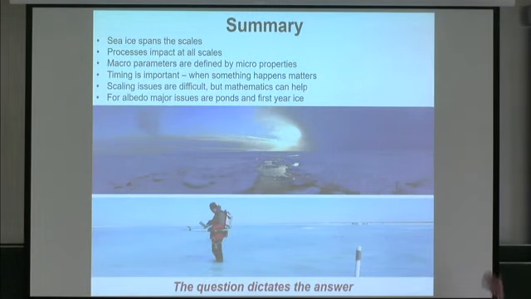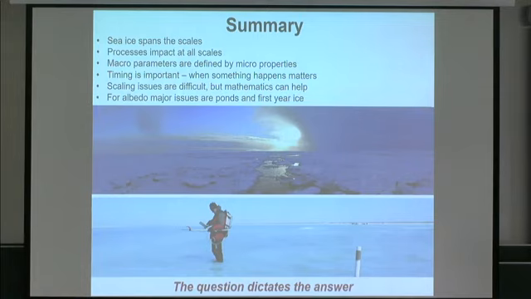So just to summarize a little bit, sea ice certainly spans the scales. We have processes that are impacted at all scales. What's interesting is the macro properties are strongly influenced by the micro properties. Timing is important. When something happens matters. Scaling issues can be difficult, but mathematics can help.